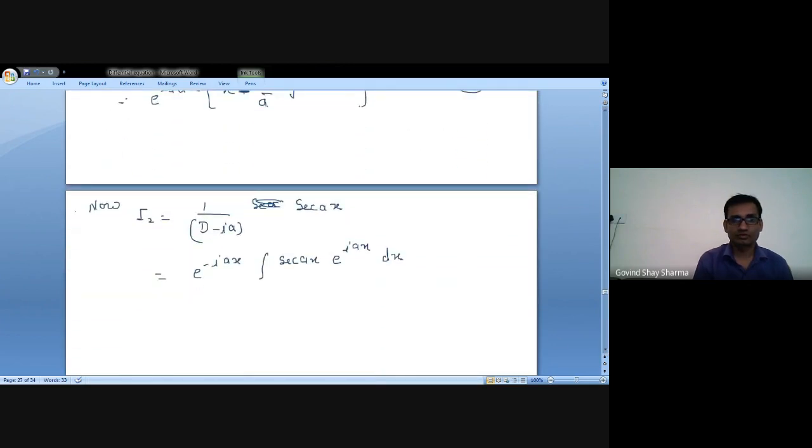This is the integration sign. So we can write e to the power iota ax integration sec ax. It can be written as cos ax minus iota.